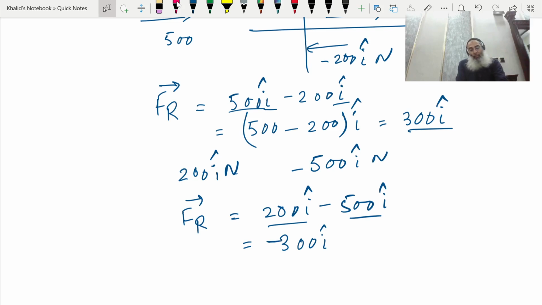And the sign gives us the sense. According to our convention, the right side is positive and the left side is negative. So the resultant is 300 Newton towards left, not towards right.